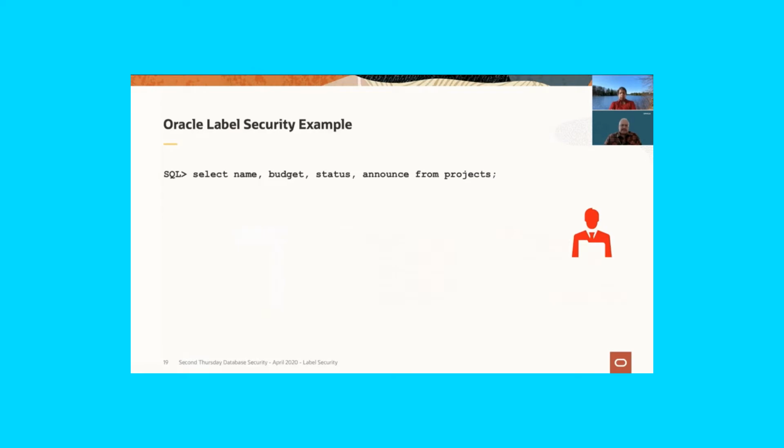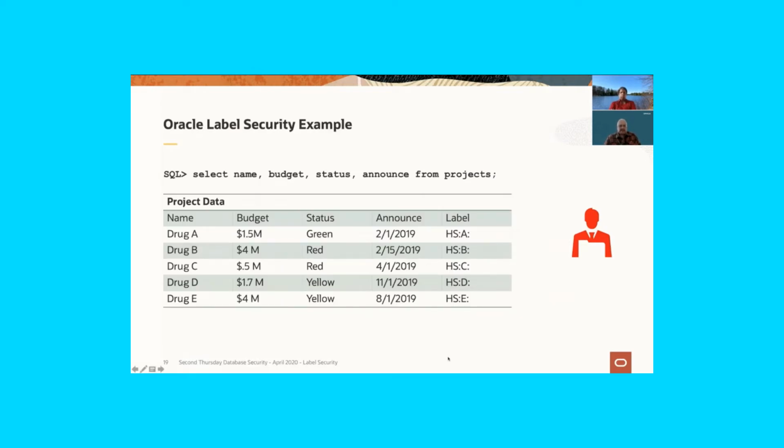So quick example, let's say you have a project, and there are labels. This user has been set so that you can see highly sensitive and A, B, and D compartment.